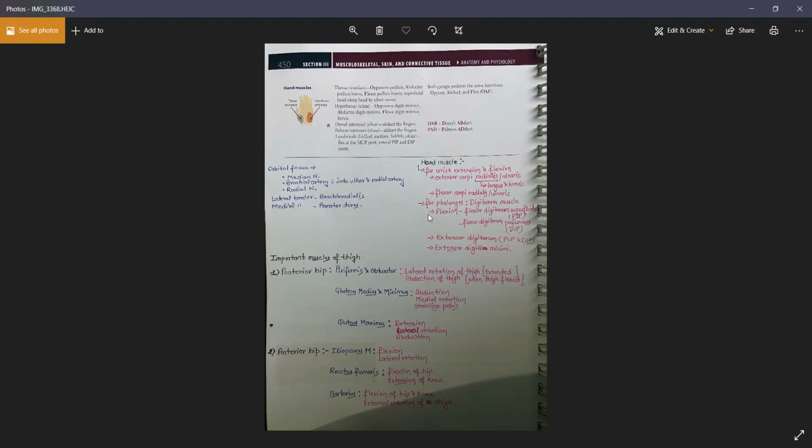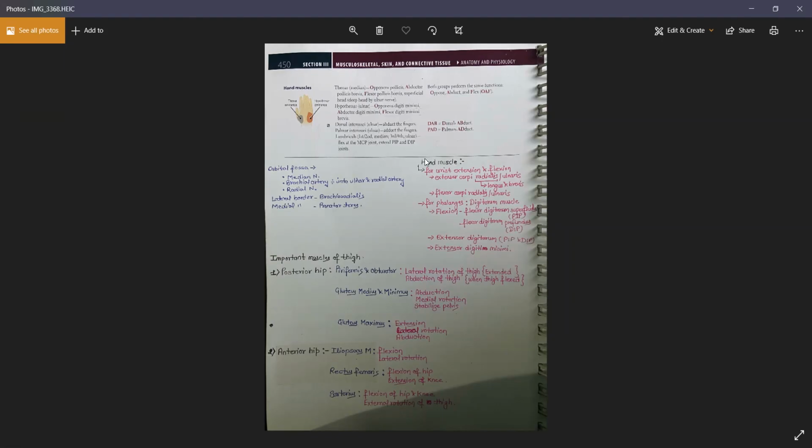For the phalanges, for flexion you have flexor digitorum superficialis for the proximal interphalangeal joint and flexor digitorum profundus for the distal interphalangeal joint. For extension at the fingers, you have the extensor digitorum for the PIP and DIP, and the extensor digiti minimi for the little finger, the fifth one.